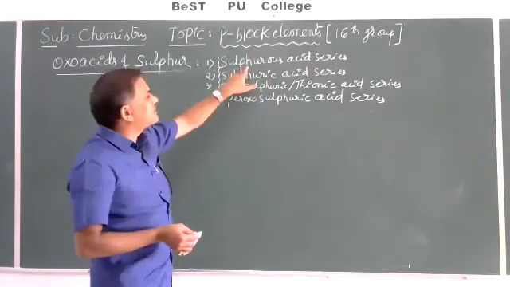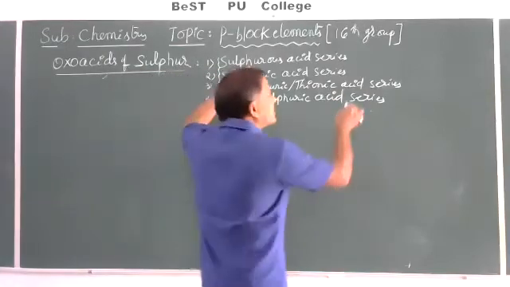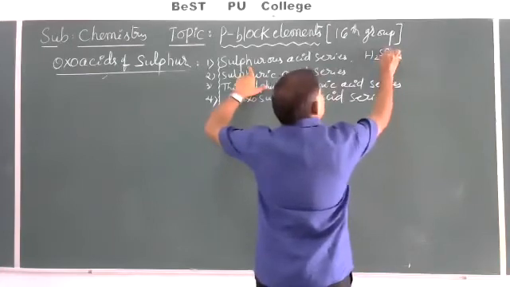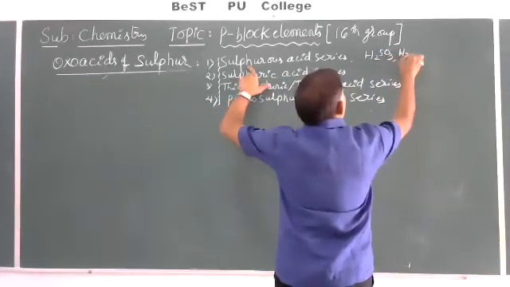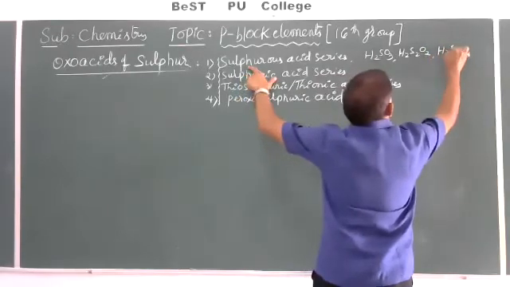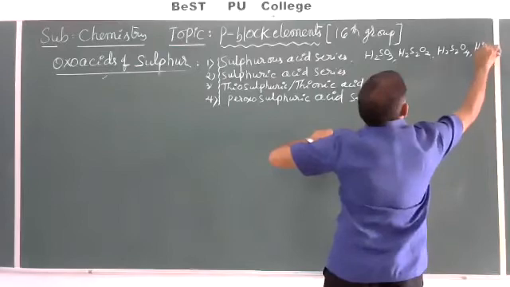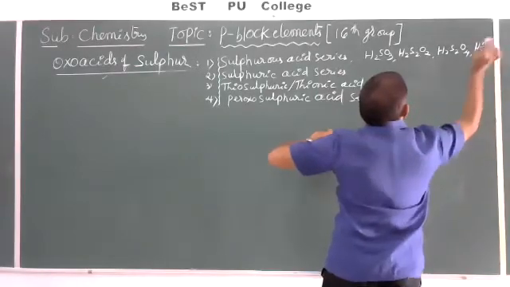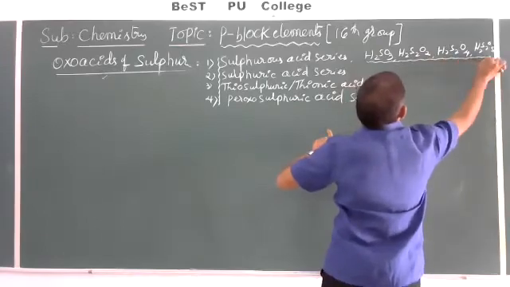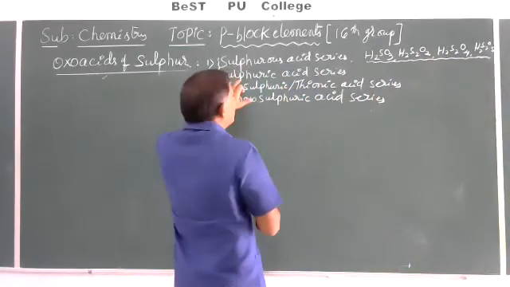One is sulfurous acid series. Examples here are H2SO3, H2S2O2, H2S2O4, H2S2O5. These are the four important examples given in a textbook under sulfurous acid series.